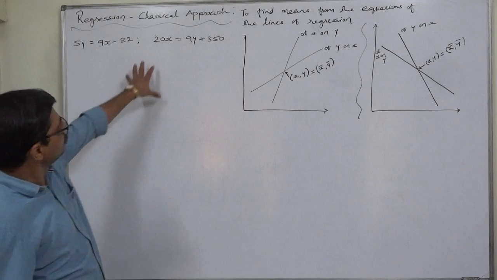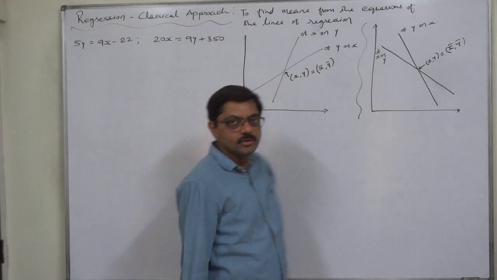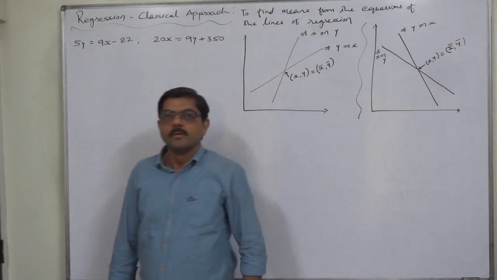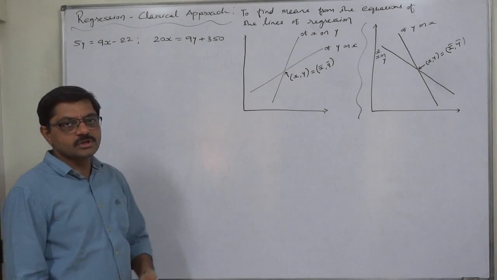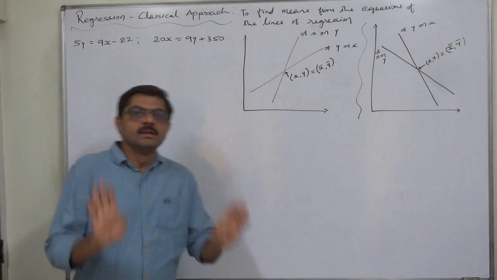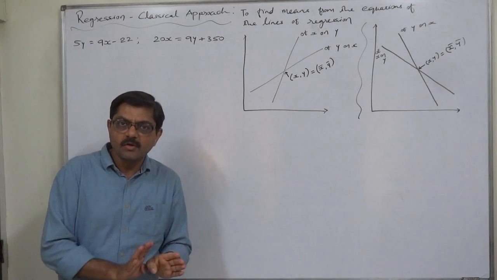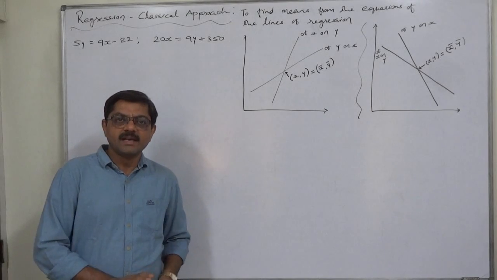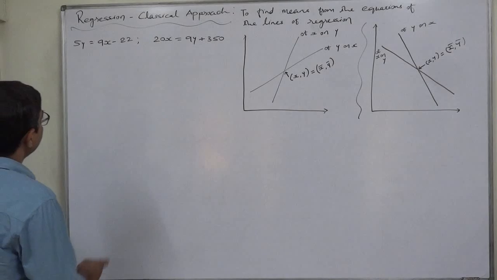So we just need to solve these two equations. Every time you need to find out means from the available equations of lines of regression, just solve the two equations. Value of x is x bar or mean of variable x, and value of y is y bar or mean of variable y. Let's solve these two equations.